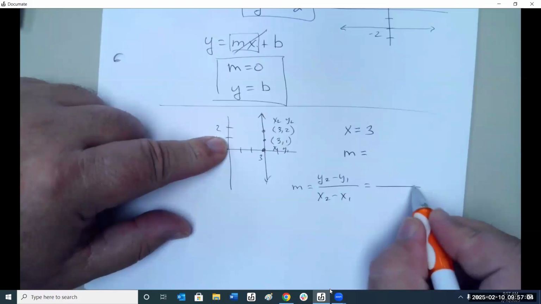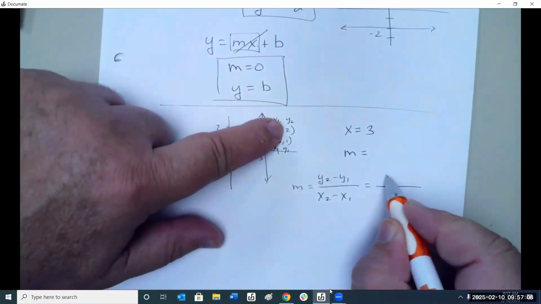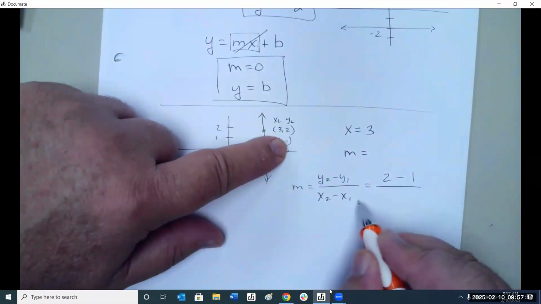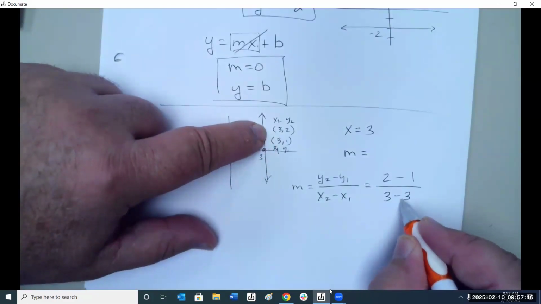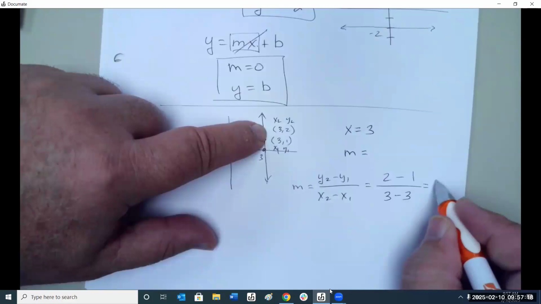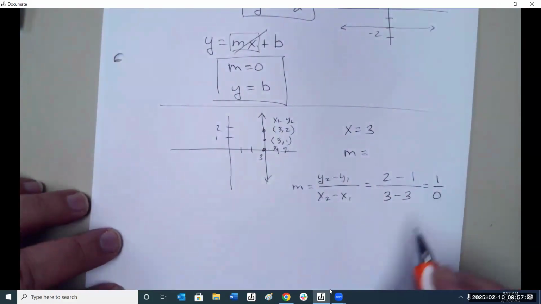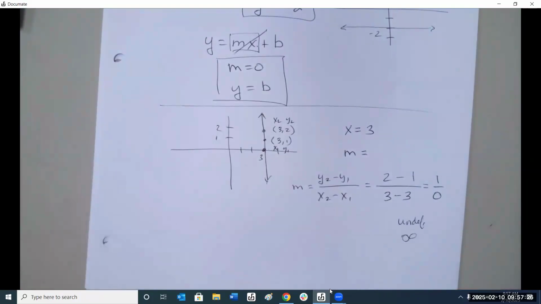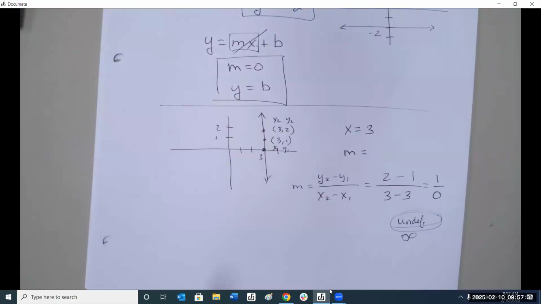So what's y2? Y2 is the top one. Y1 is 1. X2, X1. So we have 2 minus 1 over 3 minus 3. Whenever you divide by 0, it's undefined, which means it's infinity. It's both. You guys are both right. So whenever you have an undefined slope, you know it's a vertical line.